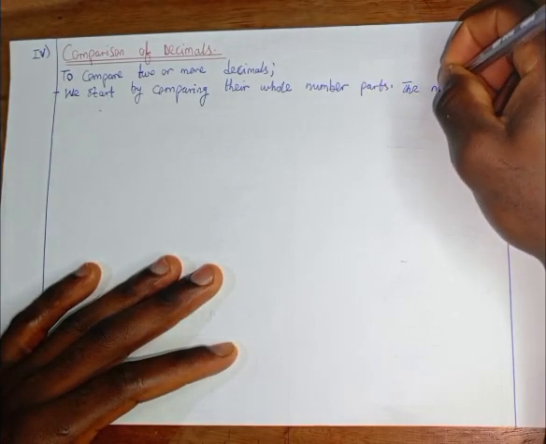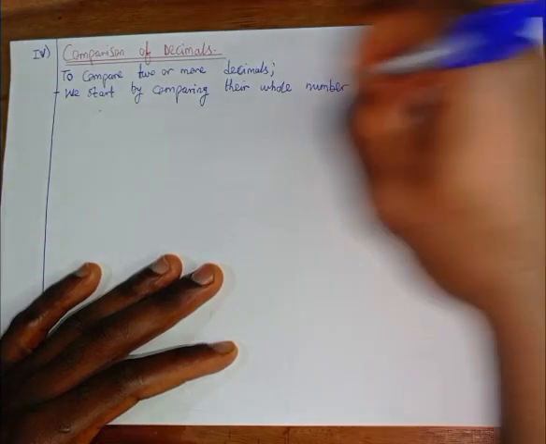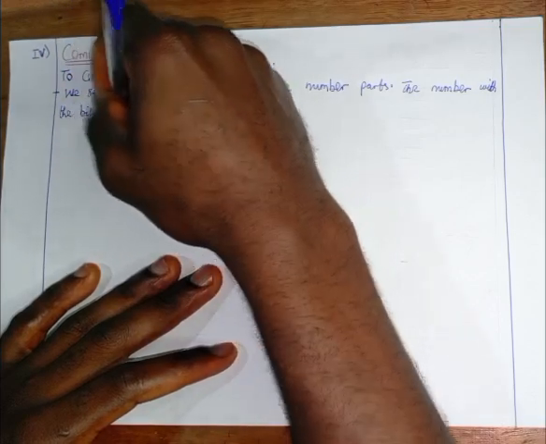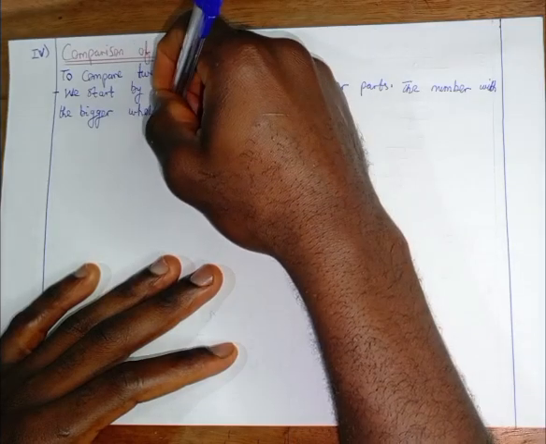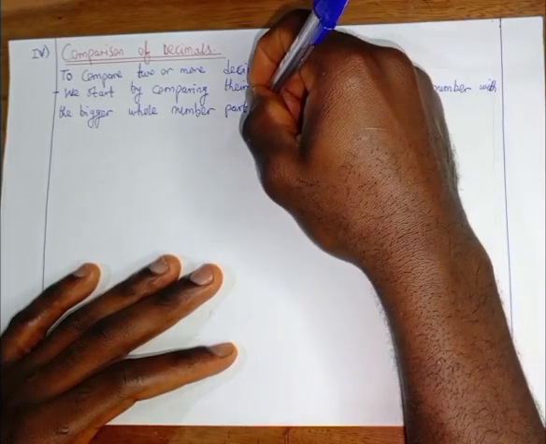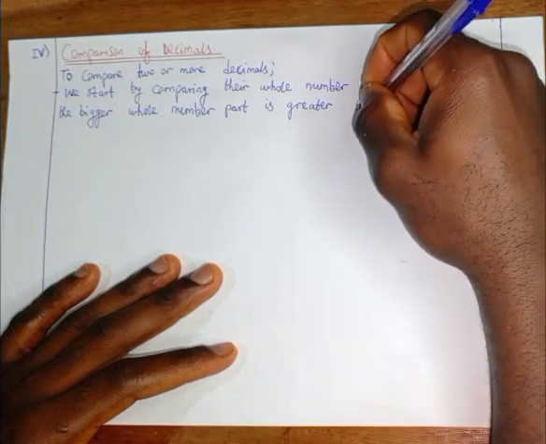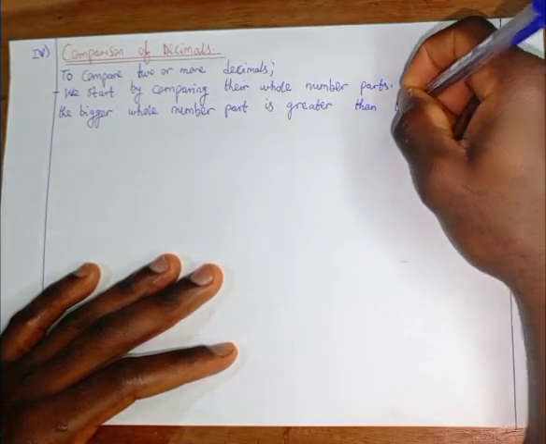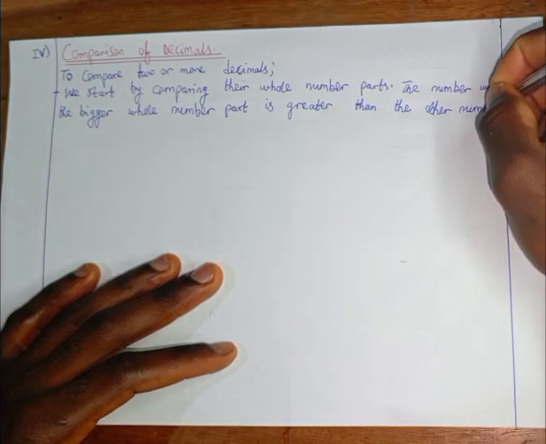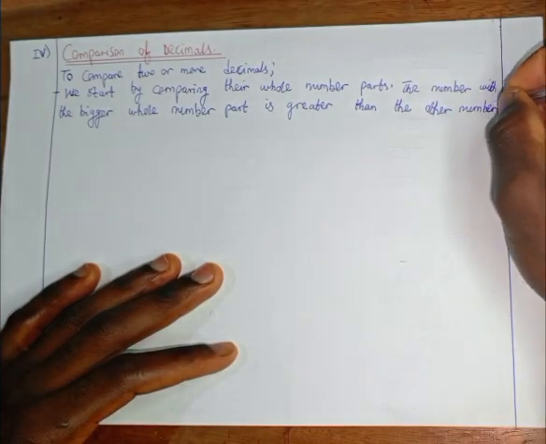The number with the bigger whole number part is greater than the other number or numbers.